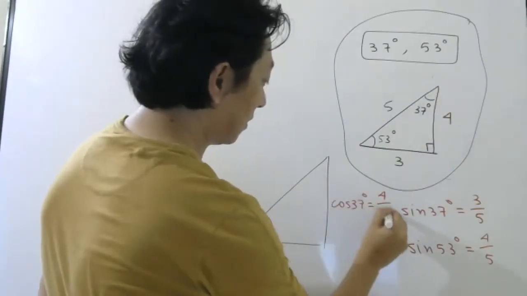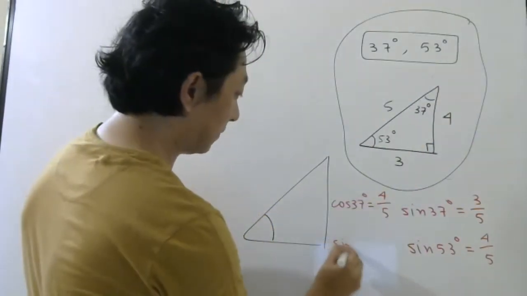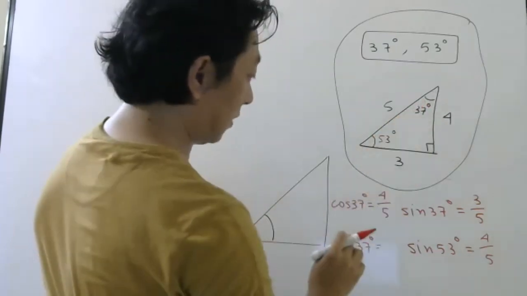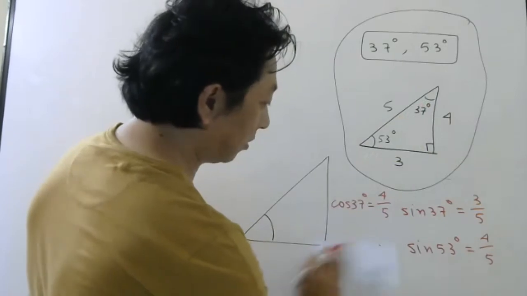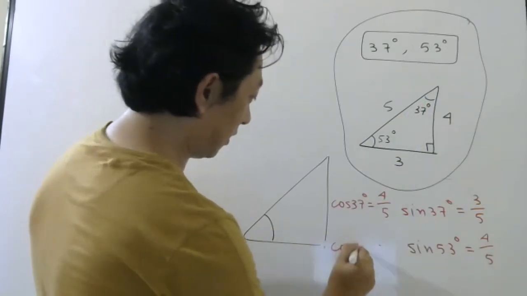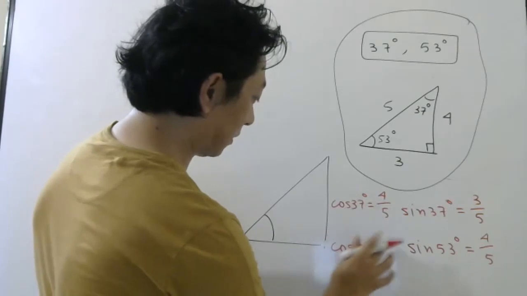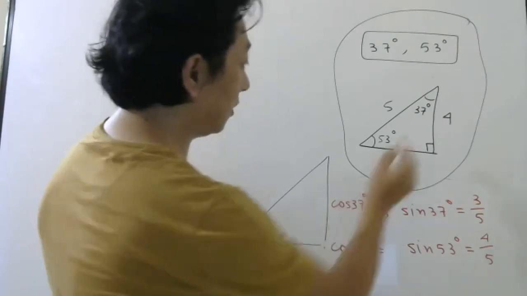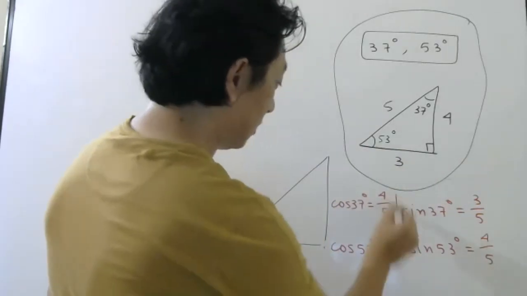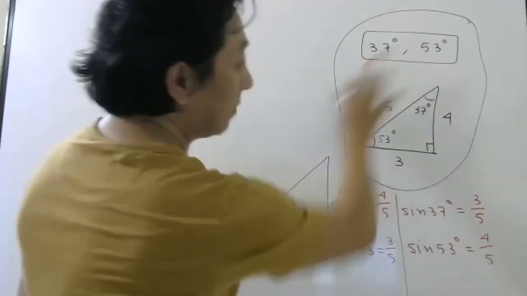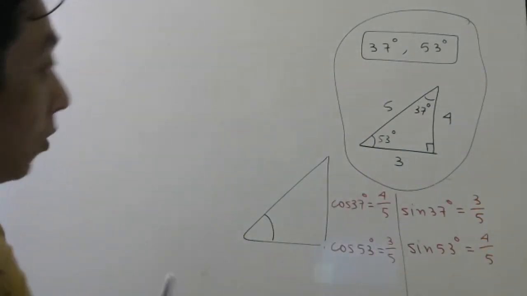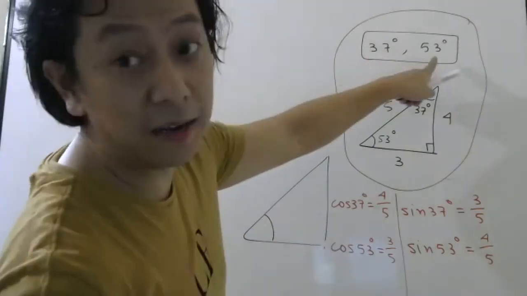Hypotenuse is 5. Cos 53. Cos 53. Adjacent is this 3 by 5. So don't write this, just remember this triangle. Then it will be easy to solve problems where there will be 37 degree and 53 degree.